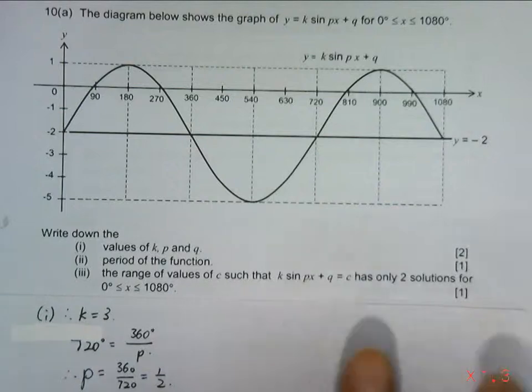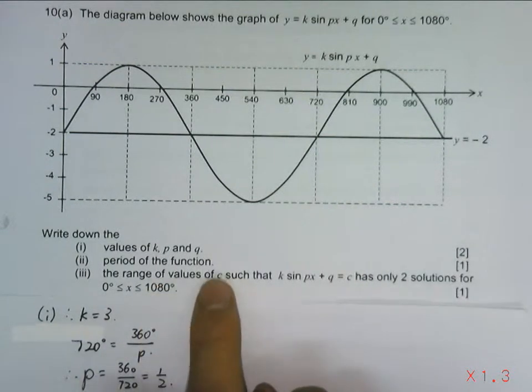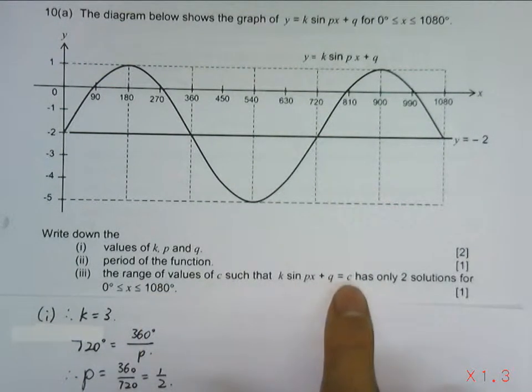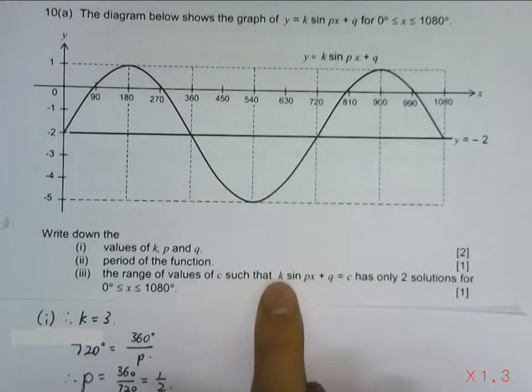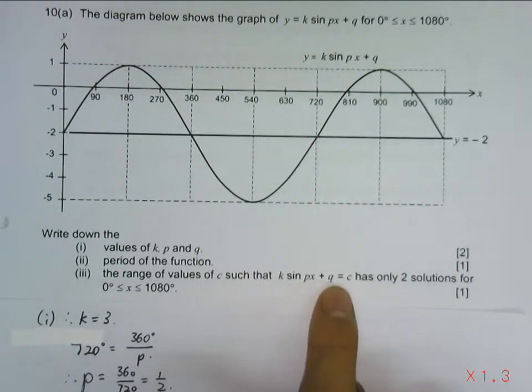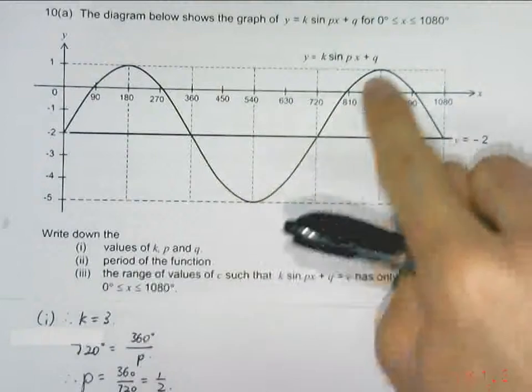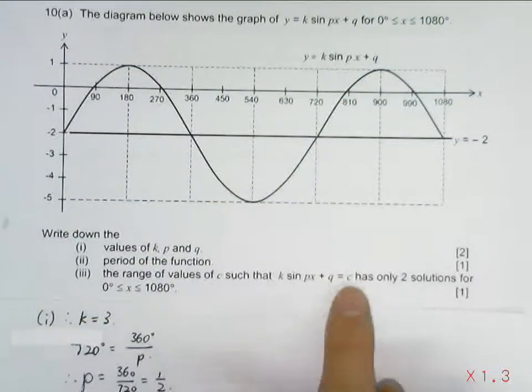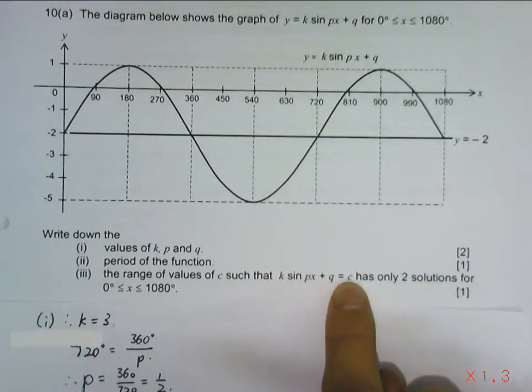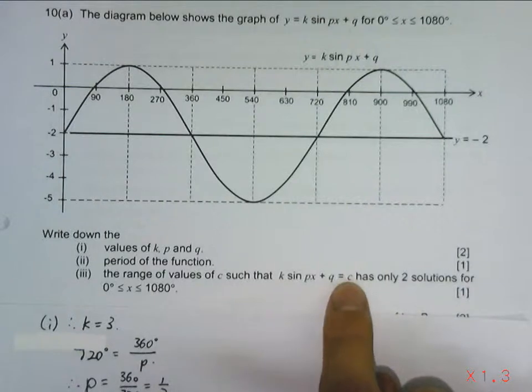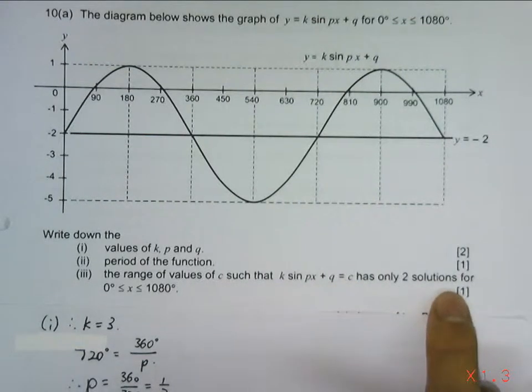Now for part 3, we need to find the range of values of c in this equation, whereby the graph k sine px plus q, which is this sine curve, and the line y equals c intersect at only 2 solutions.